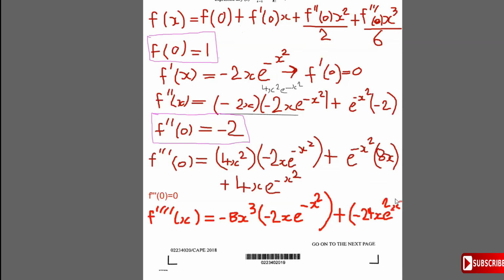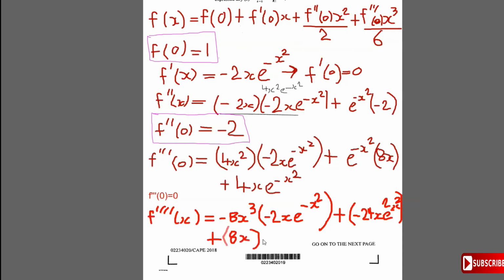plus now we need to differentiate this here. Differentiating this, we use product rule again. Look at this as 8x e to the minus x squared. So we keep the first, 8x, times the derivative of the second.